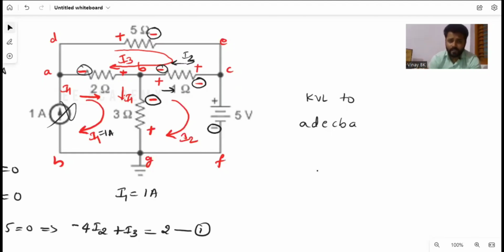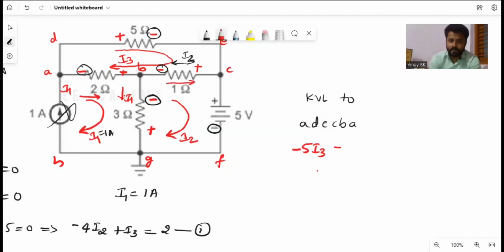So minus 5 into, if you want, I'll change the ink color also for your reference. You can write minus 5 into I3 is flowing from D to E to C, no current, C to B again minus, which current is flowing? I3 minus I1, and I2.